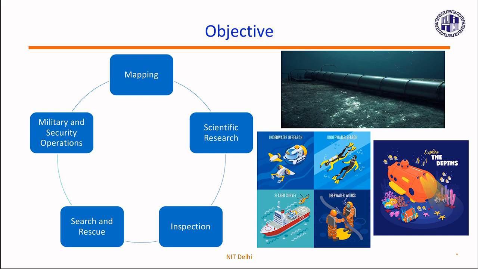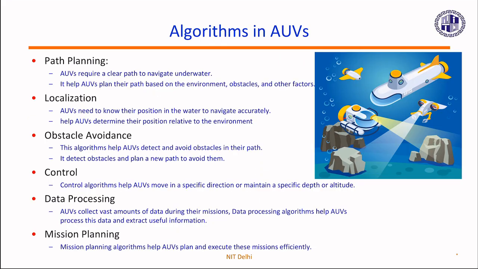AUVs are increasingly being used in search and rescue operations, particularly in situations where human divers cannot operate due to extreme depth or dangerous conditions. Last but not least, military and security operations. AUVs are used by militaries and security agencies for a range of applications, including mine detection, intelligence gathering, and port security.